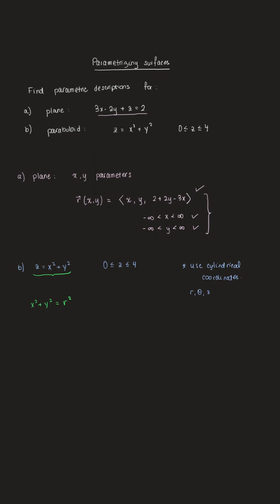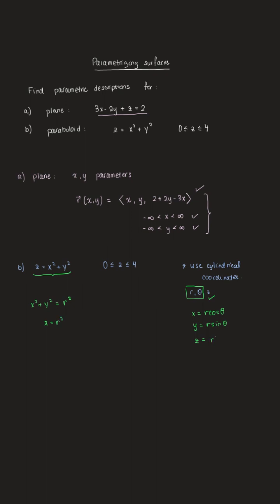So that means that we can define z in terms of r, and so for sure then we will only need our two parameters r and theta. Using those two parameters, x is always defined by r cosine theta, y is defined by r sine theta, and now our z, we can define in terms of r. And so again, from our equation, z will just be r squared.